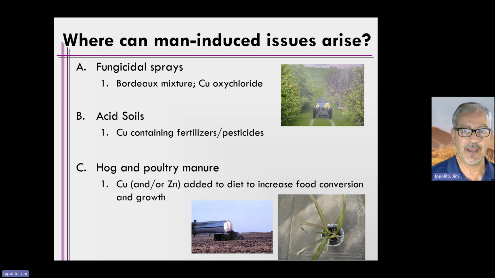And you may see copper toxicities from humans under hog or poultry manure land application, because sometimes copper, and sometimes zinc, is added to the diet to increase food conversion and improve growth of hog and poultry.